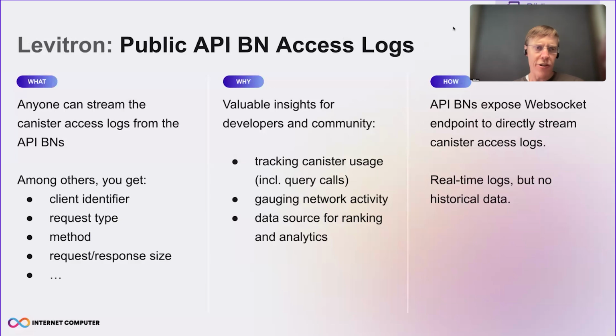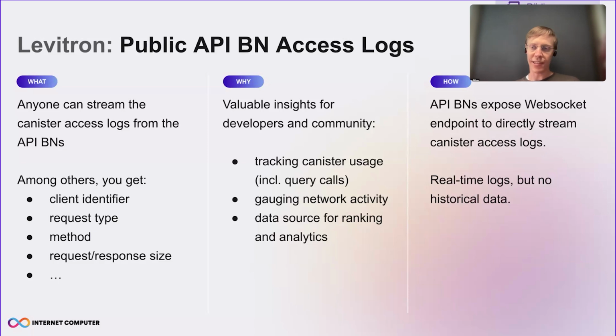With the completion of the Levitron milestone, anyone can now stream canister access logs from these API boundary nodes, and every single request to a canister is logged there, every single request coming from the outside. Among other information, you have a client identifier, the request type, whether it's a query or an update call or a status or a read state.